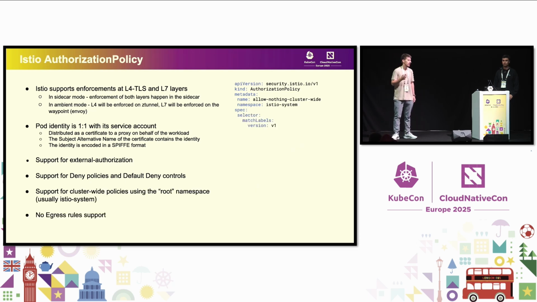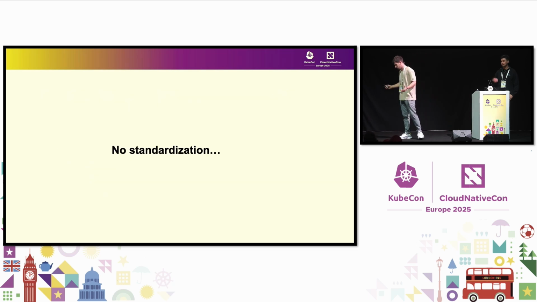And there is support for cluster-wide policies with some semantics, for those using Istio by putting the policy in the Istio namespace. But there's no support for egress. So again, this is just a rundown of what's supported or not. But as you see, these 2 leading projects, which a lot of people probably use, provide the same goal, the same purpose, network segmentation.